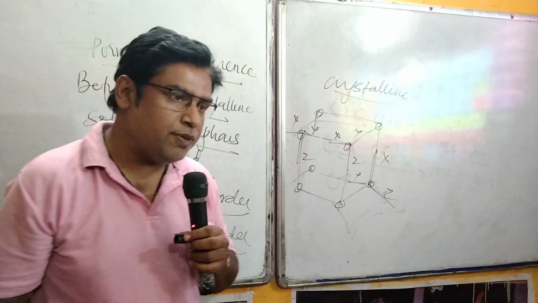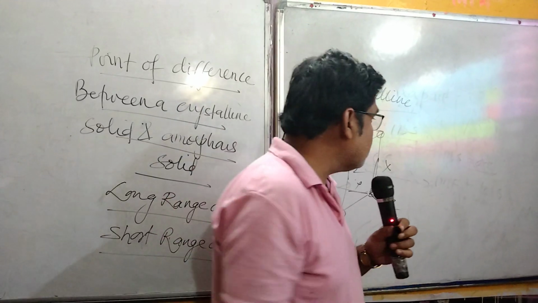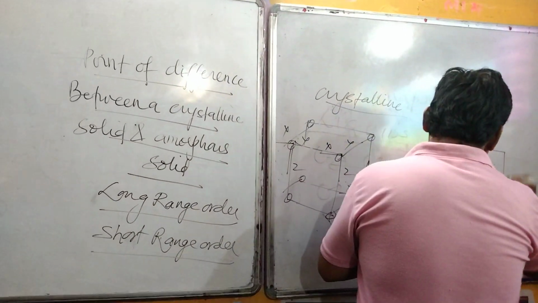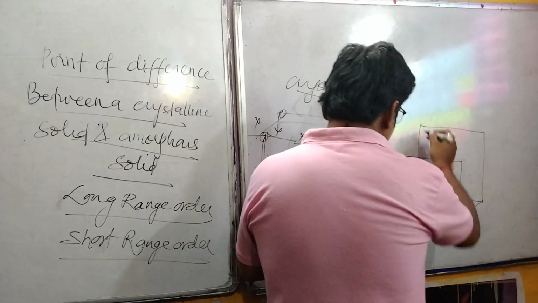Then what is the difference between the crystalline and amorphous in terms of the arrangement of the particles? If you see, this is an amorphous solid.